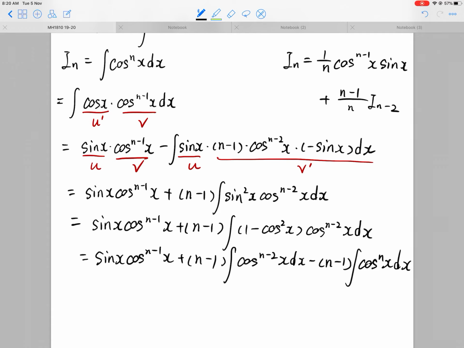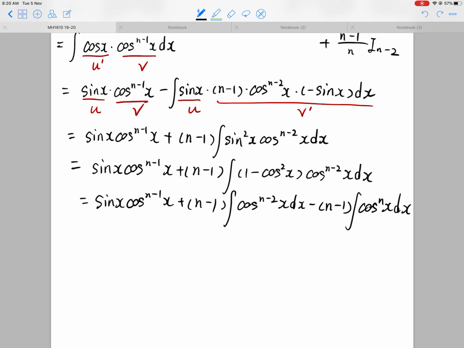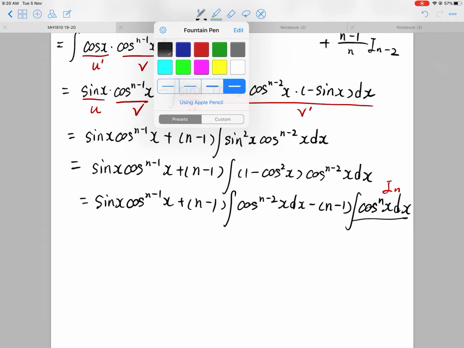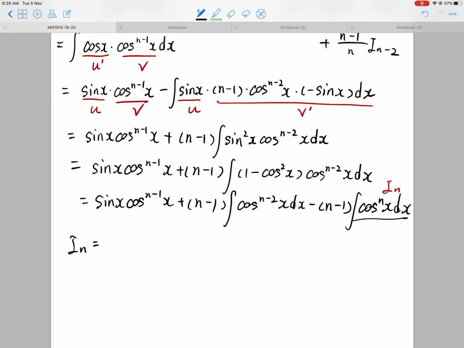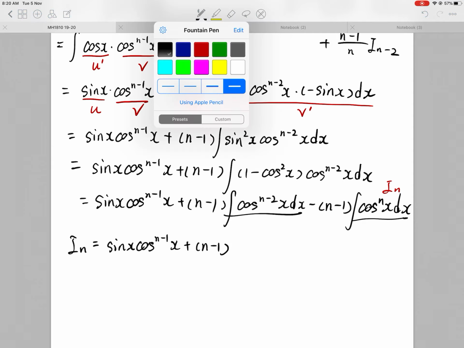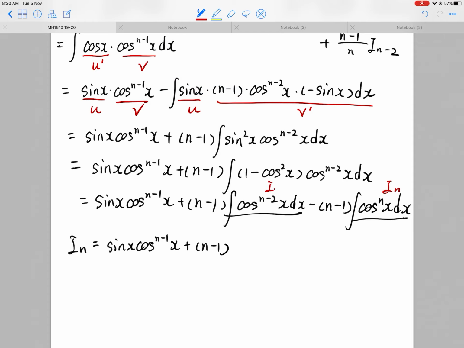All we have to do is realize that the left side is I_n, and this side is also I_n, where I_n is cosine x to the power of n. So I_n equals this plus n minus 1 times I_(n minus 2), minus n minus 1 times I_n.